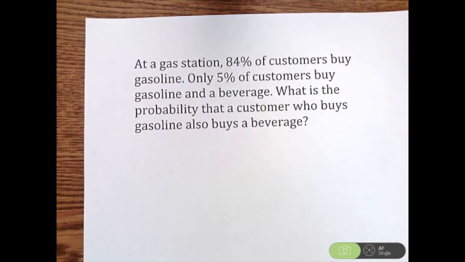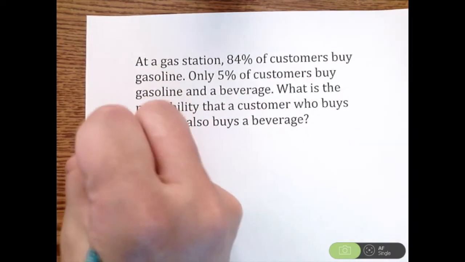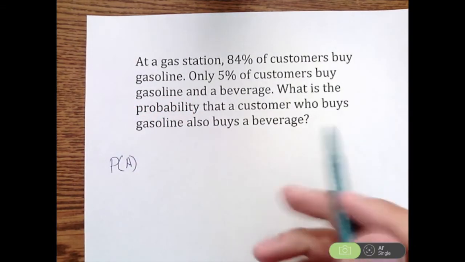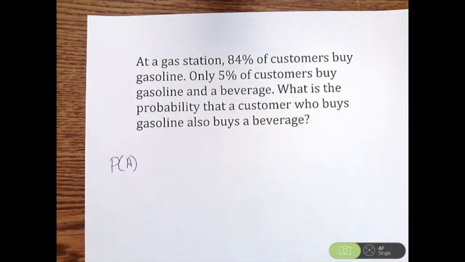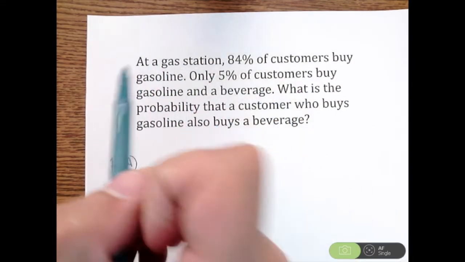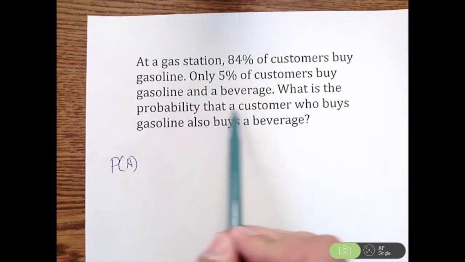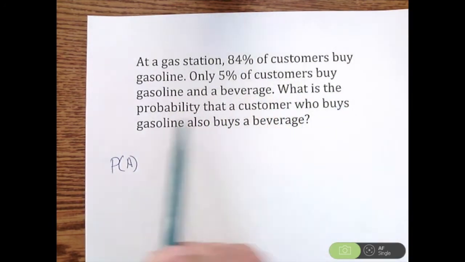I kind of hinted at it in the previous video. We're still dealing with conditional probability here because you need gasoline to get a beverage. So in this one, they're asking what's the probability that a customer who buys gasoline, so given they got gasoline, also bought a beverage?